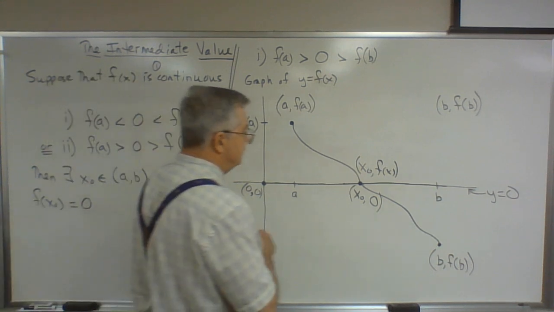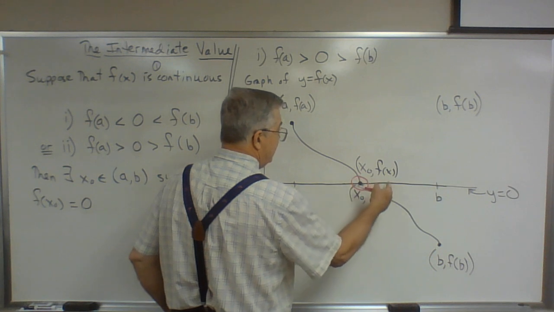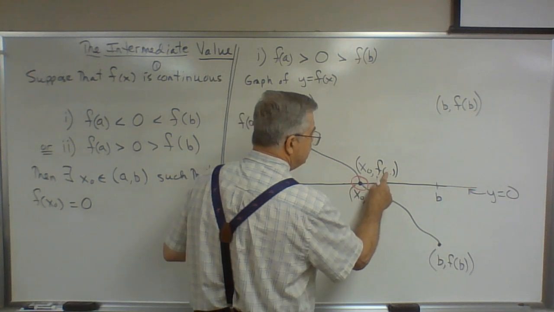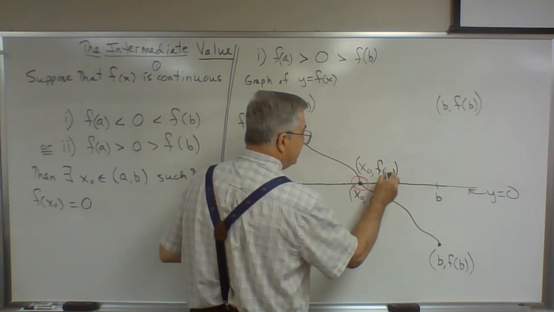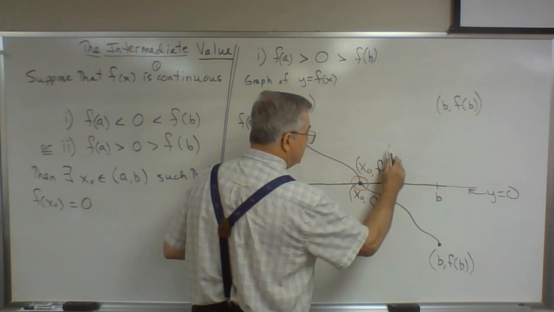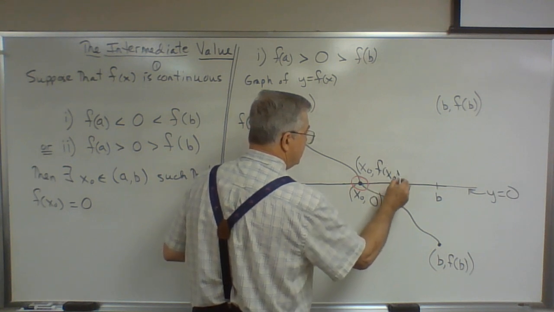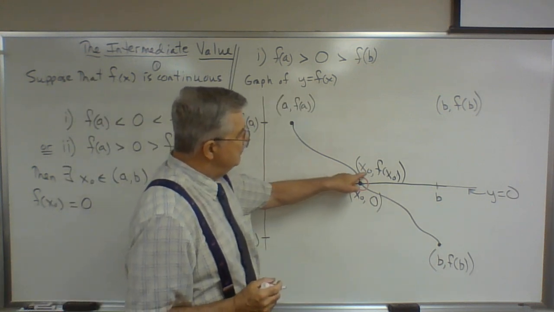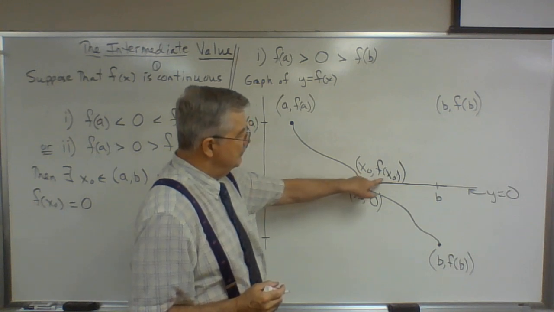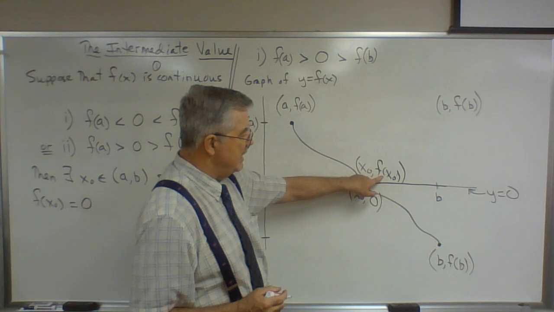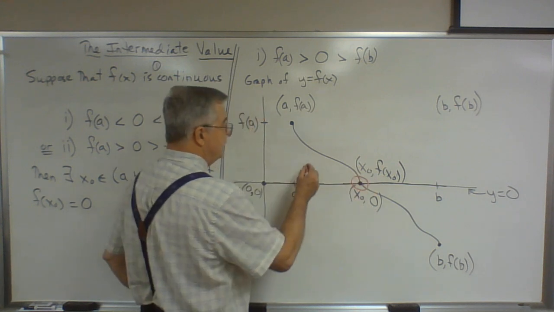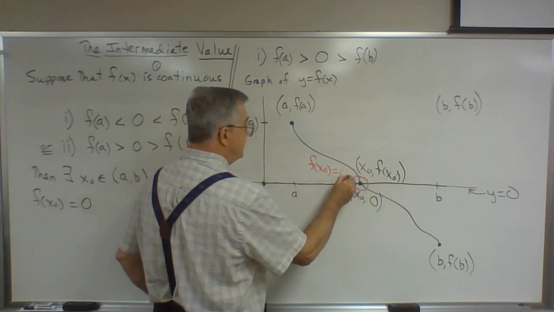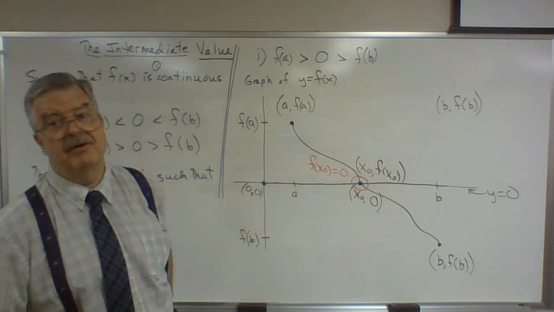So if the x-coordinate is x naught, the y-coordinate is f of x naught. Please forgive me. These 2 points are one and the same, so the y-coordinates have to be one and the same. f of x naught is the same as 0. So right here at this point, f of x naught is equal to 0.